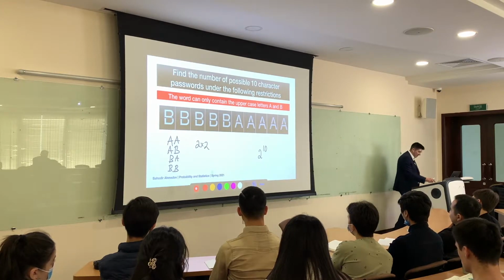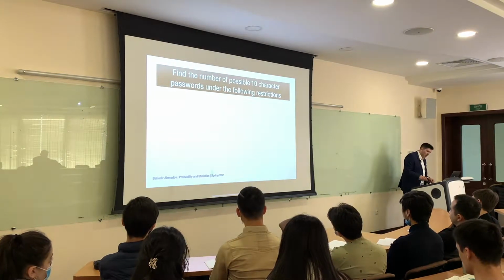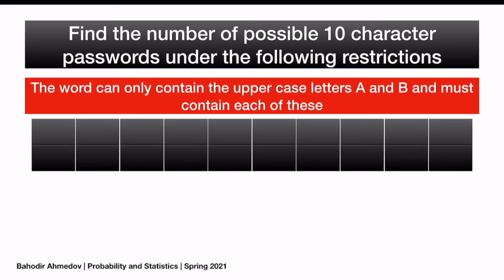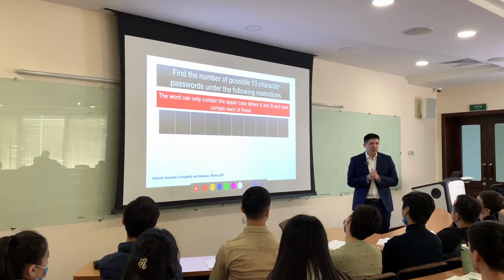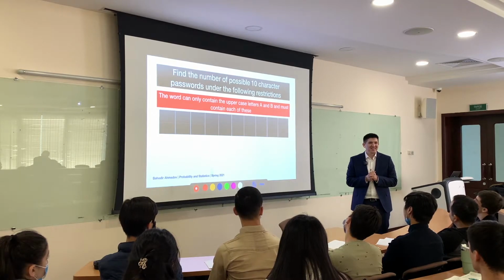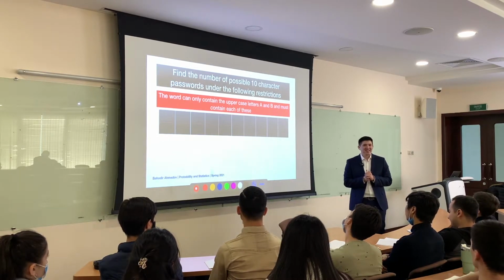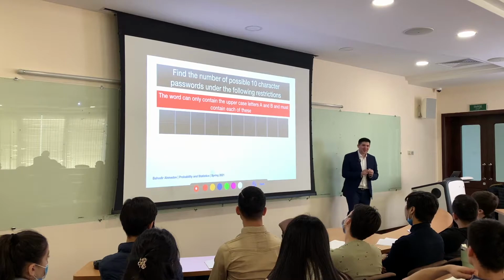Oh, that's going to make this problem a little bit more interesting. So the word can contain only the uppercase letters A and B, and must contain each of these. Yeah, okay.